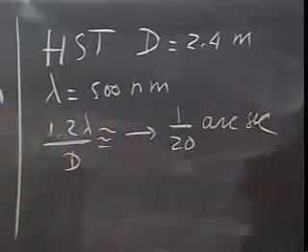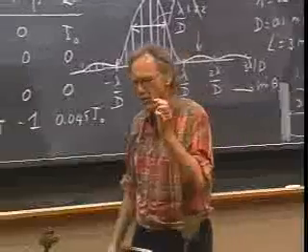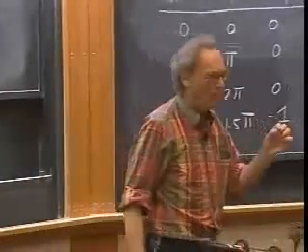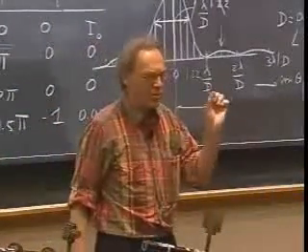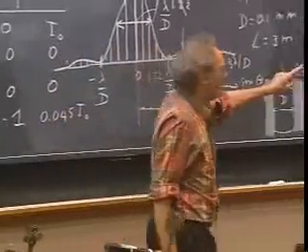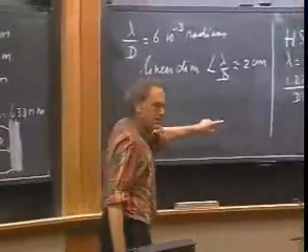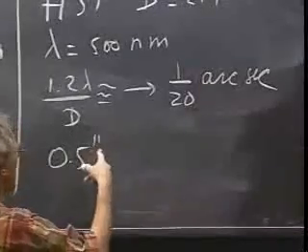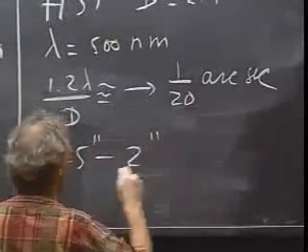That is an incredible resolution. 1/20th of an arc second. If two stars of equal brightness are 1/20th of an arc second apart, the Hubble Space Telescope can see them as two stars. The same telescope on Earth would do no better than half an arc second, to maybe even 2 arc seconds.